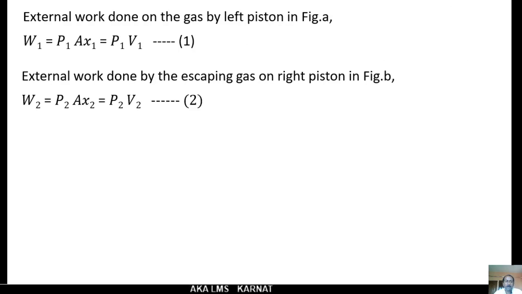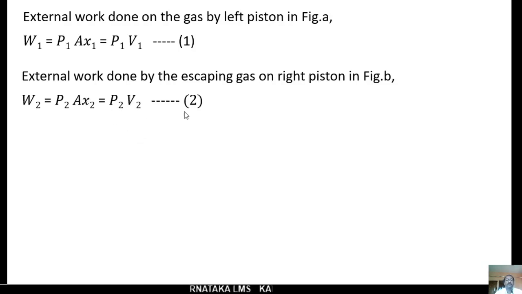Similarly, the external work done by the escaping gas on the right side piston gives the work done W2, that is P2 into A X2, area into displacement towards the right side. Area into displacement is nothing but volume V2, so P2 V2 is the work done by the escaping gas.